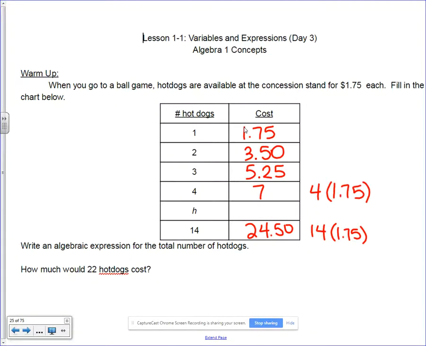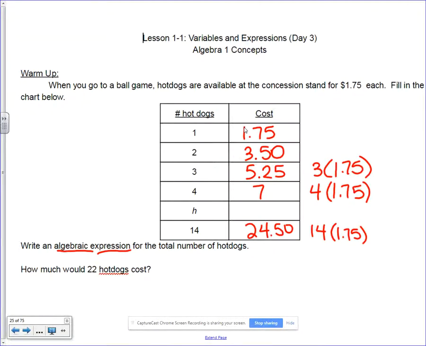How do we calculate for 3 hot dogs? Okay, does everybody see the pattern? Yeah? Okay, so write an algebraic expression, meaning there should be variables in it, and it should not have an equal sign. So what's the pattern here?